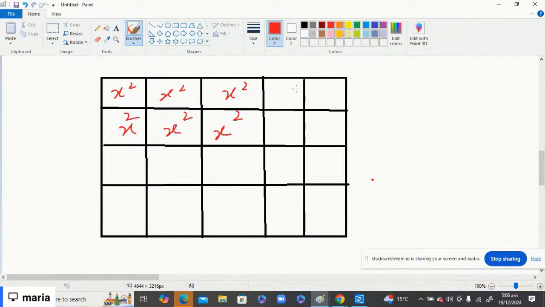These are the x square terms. These are the x terms.